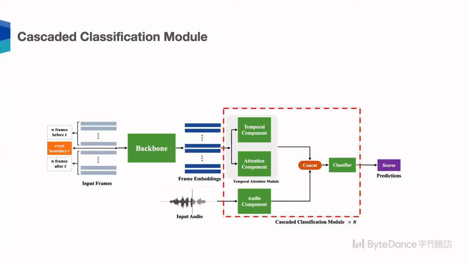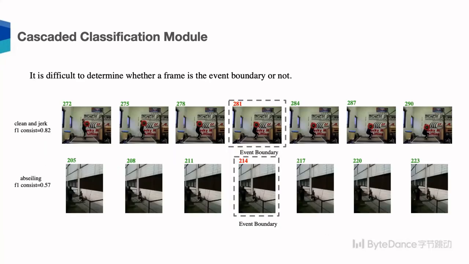Fifth, we will introduce our cascaded classification layer. Since the event boundary is taxonomy-free, it is difficult to determine whether a frame is the event boundary or not. The official evaluation protocol addresses this problem by using relative distance, which indicates the error between the detected and ground truth.